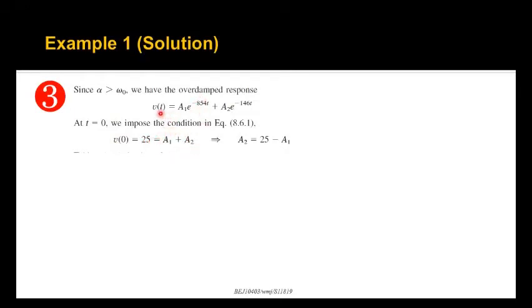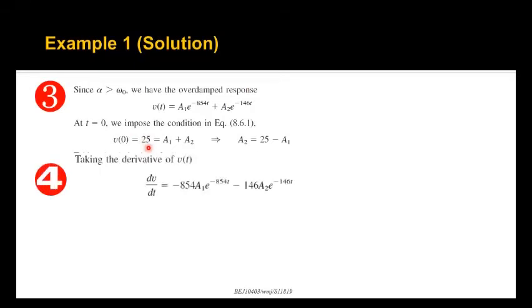When you substitute t as 0, the exponent 0 is 1, exponent 0 is 1. So it leaves you with only A1 plus A2, which equals your value of V0. This is already determined at t less than 0.